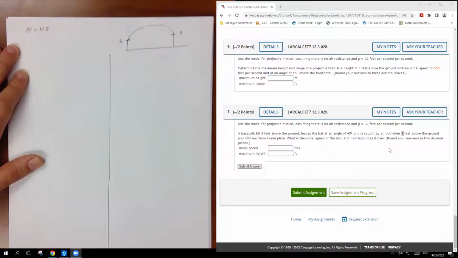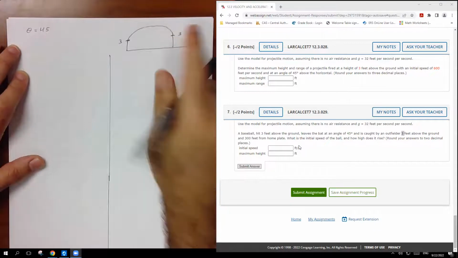So let's check how we're going to solve this one. They ask, what is the initial speed of the ball? But here, above the ground at 300 feet at home plate, that means the distance here is 300.